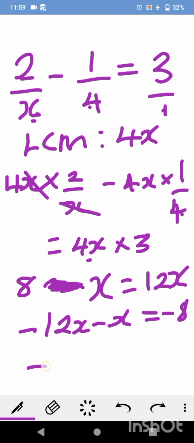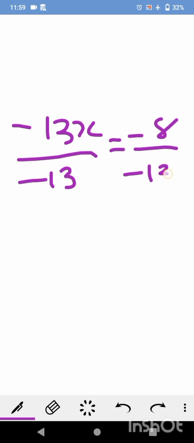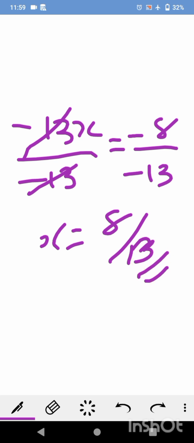And this will give us minus 13x equals minus 8. If we divide both sides by minus 13, we have it that our x will be equal to 8 over 13. Alright.